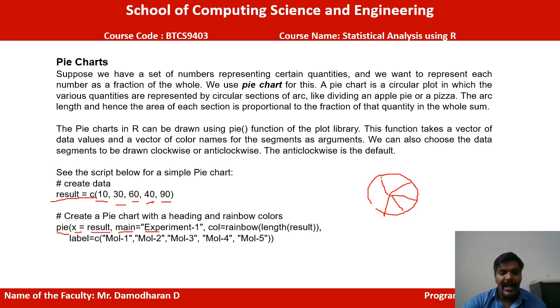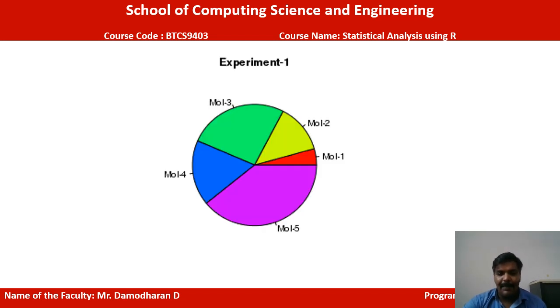In the experiment, we divide the colors into various ranges and give labels, and each part is divided in various modes and given names. From the previous example, this is our output. 10 is the first range, 30 is the second range, after that 60, then 40, then 90.